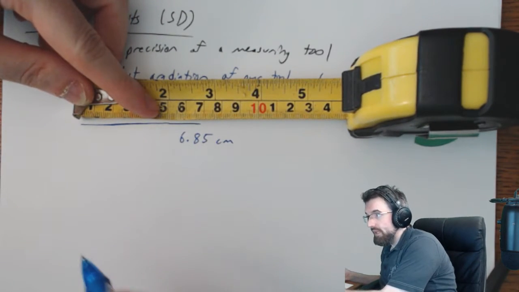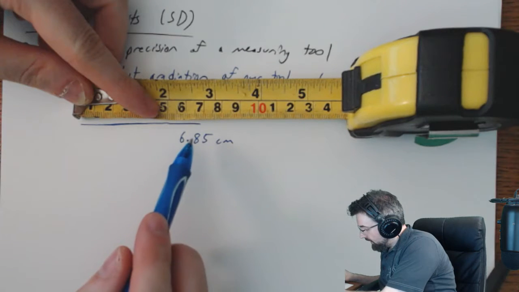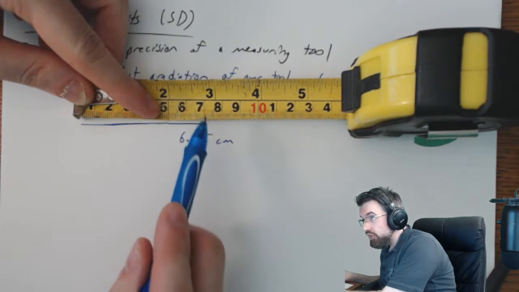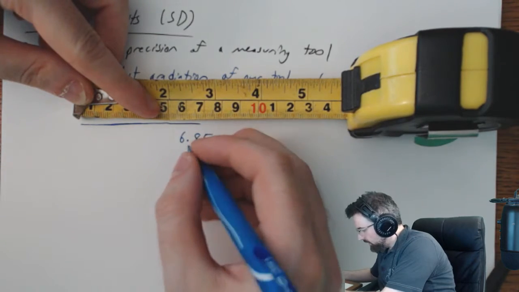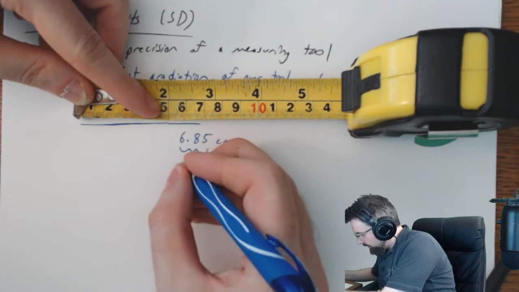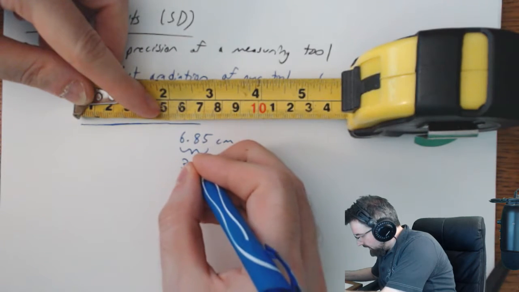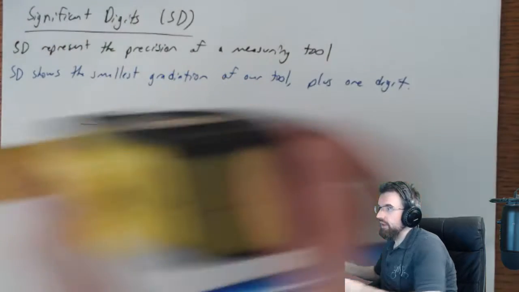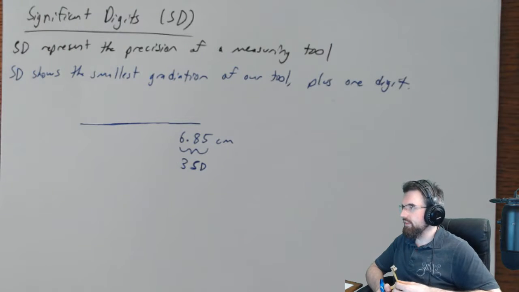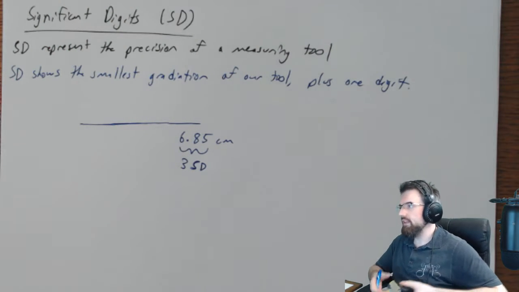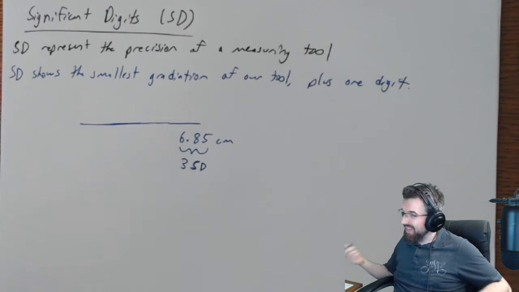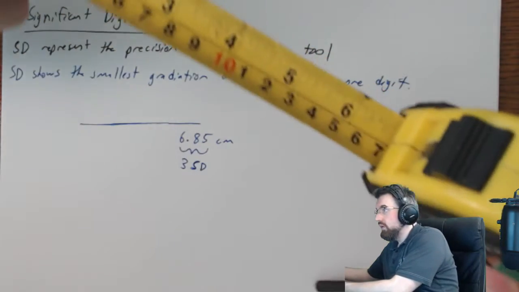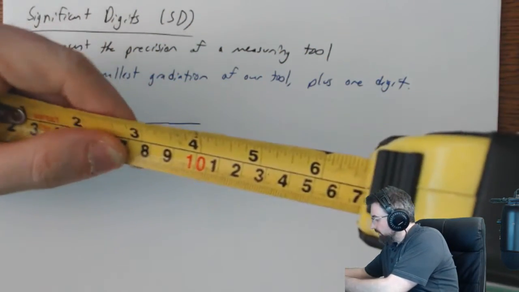So with this measurement that we found here, we were sure of this 6 because it's past the 6. We're sure of this 8, and we're estimating this 5. So we can now say that this answer has 3 significant digits. If we were to be so bold as to say, I think this is 6.850, or I think this is 6.852, well, that last number we can't have, because our tool only goes into millimeters.